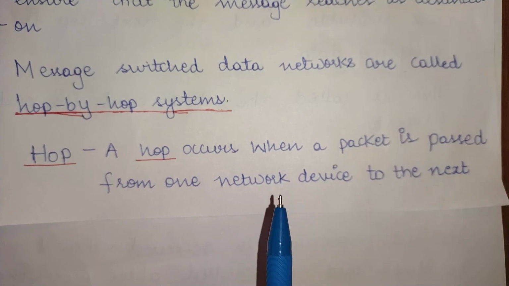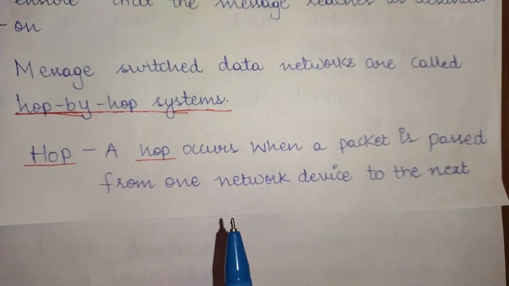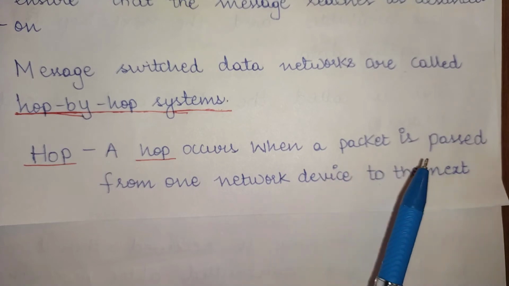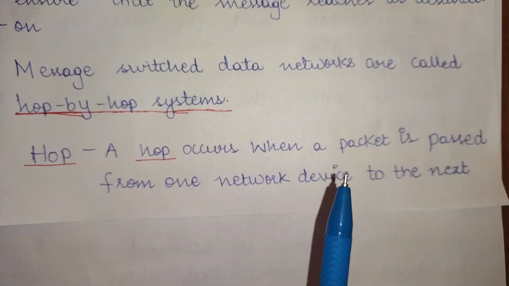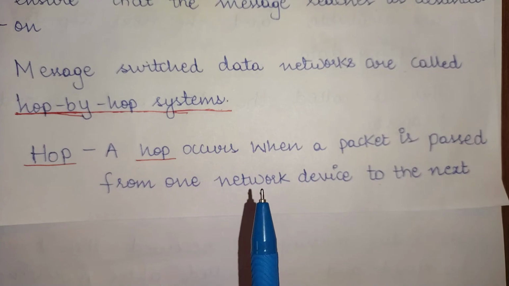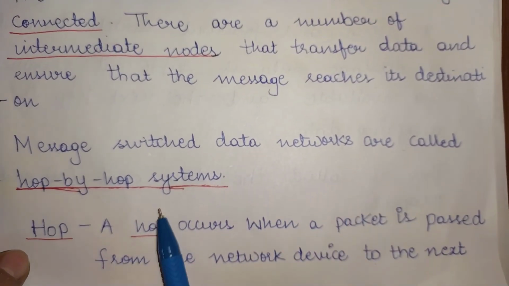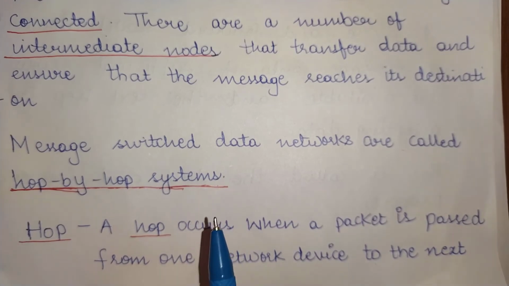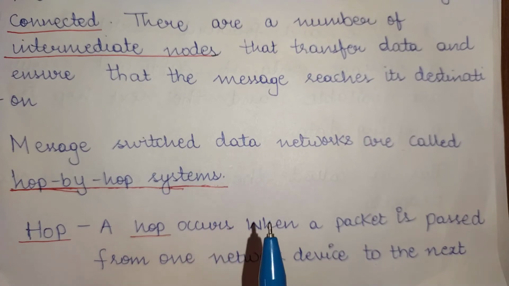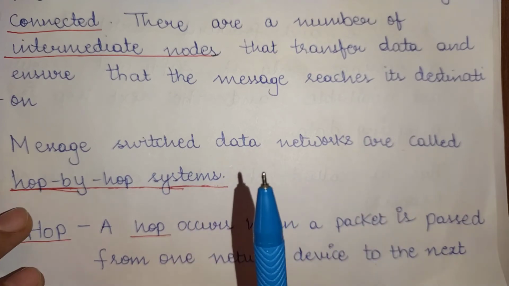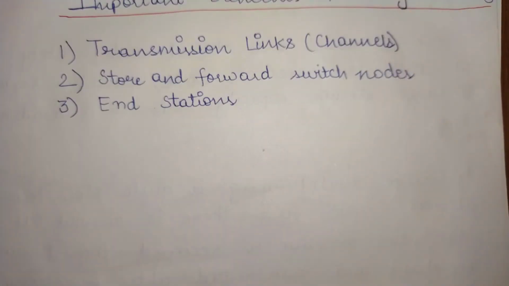This process of passing the packets from one device to another till it reaches the intended receiver is counted as a hop. That is why message switch networks are called hop by hop systems. The number of hops is equal to the number of devices through which the data has passed till it reaches the intended receiver.